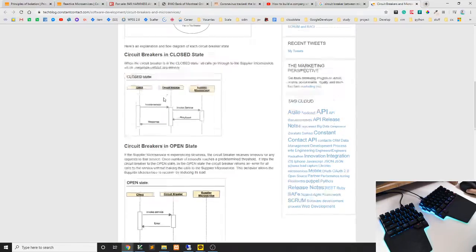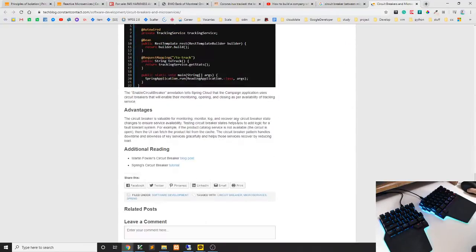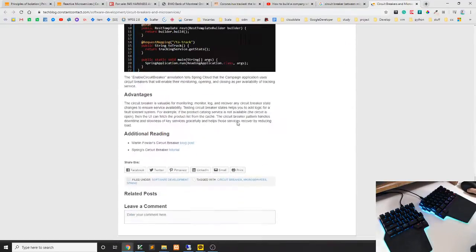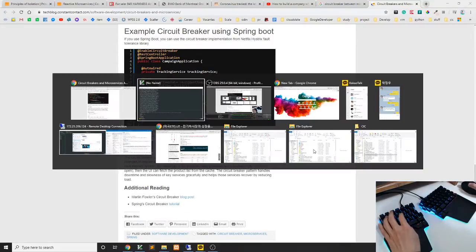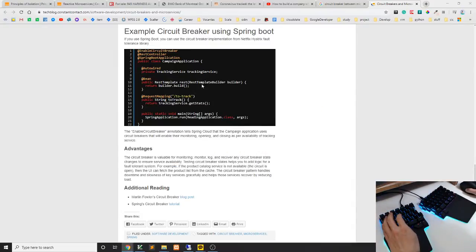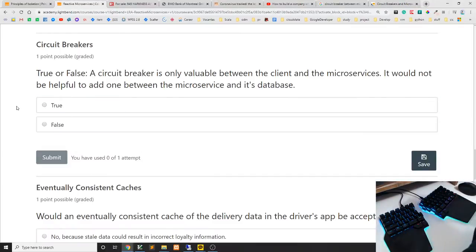There is the open state, and the half-open state. So the main reason I think it should be true is that it would not be helpful to add one between the microservice and its database.